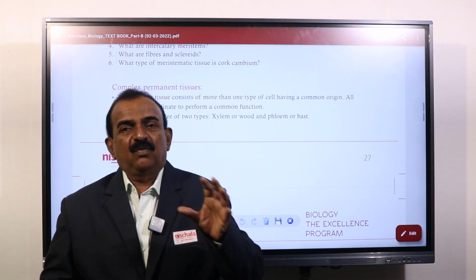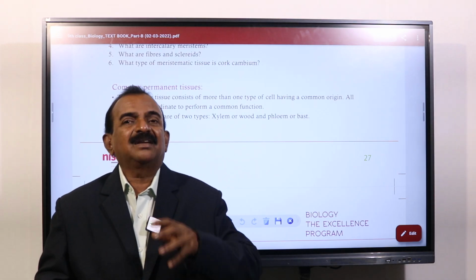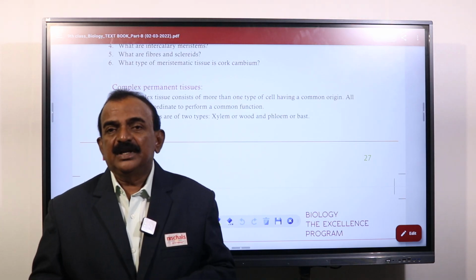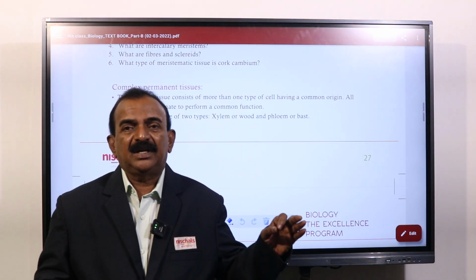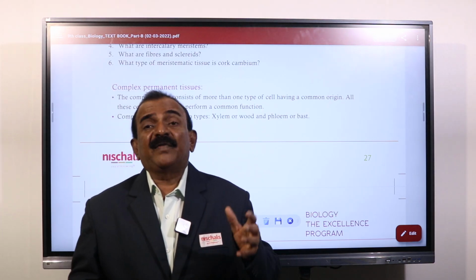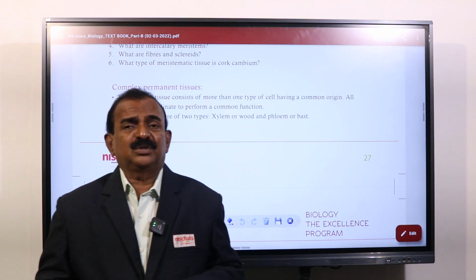Xylem and phloem tissues form vascular bundles. Xylem tissue is useful for the conduction of water and mineral salts, and also provides mechanical strength to the plant.